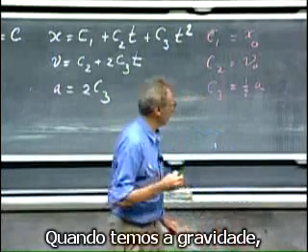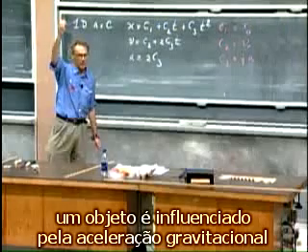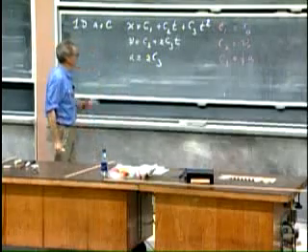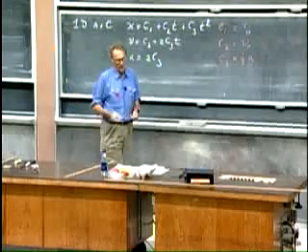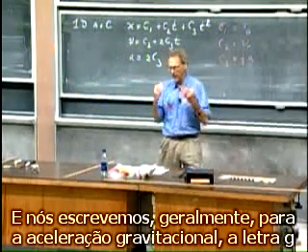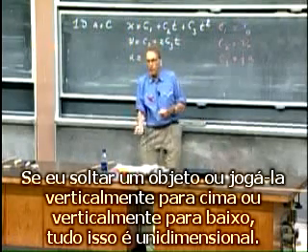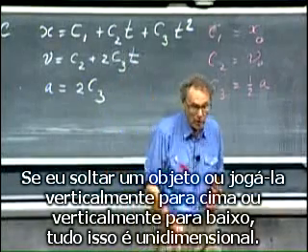When we have gravity, an object is influenced by the gravitational acceleration. And the gravitational acceleration is a constant. And we write often for that gravitational acceleration the letter g. Whether I drop an object, or throw it vertically up, or I throw it vertically down, it's all one-dimensional.